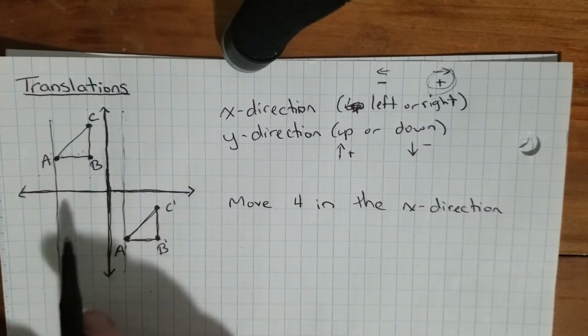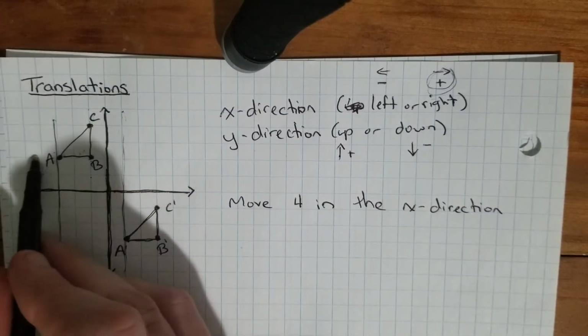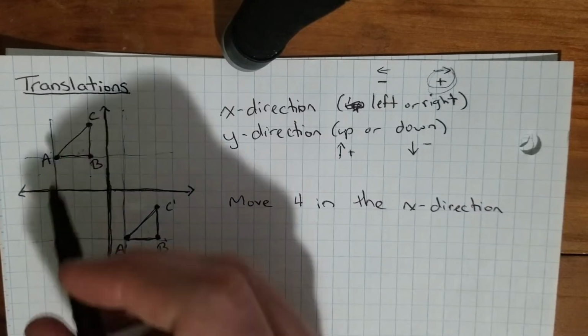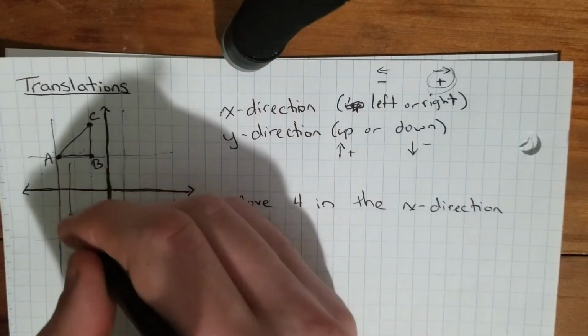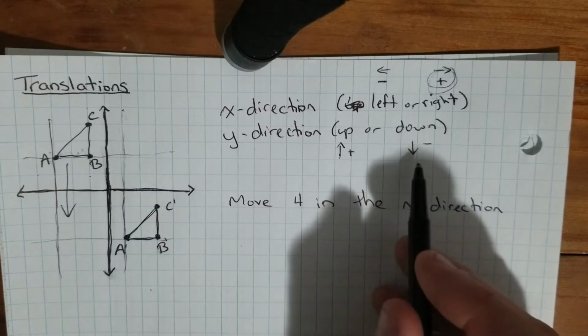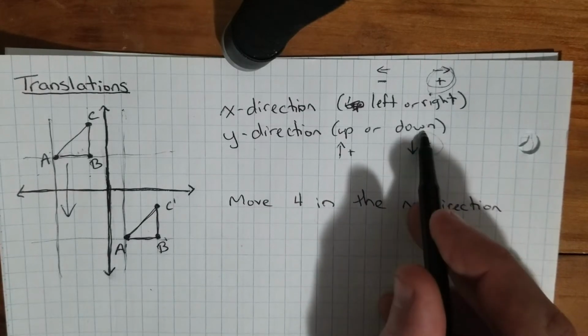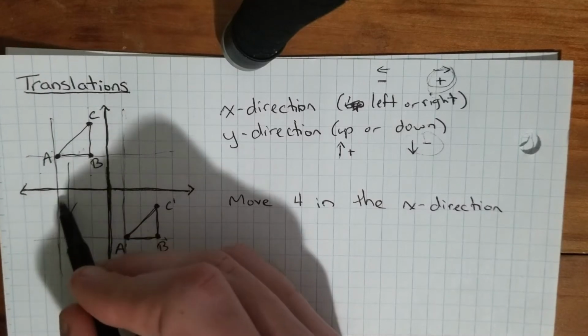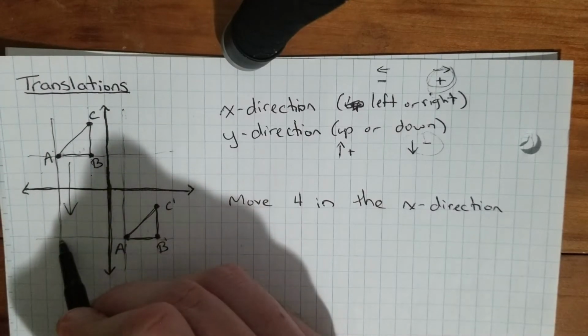And let's take a look at our y. Now y is going from this point here to this point here, from our A to our A. We are moving down now. So down is actually going to be a negative move in the y direction. But let's see how many spots. 1, 2, 3, 4, 5.